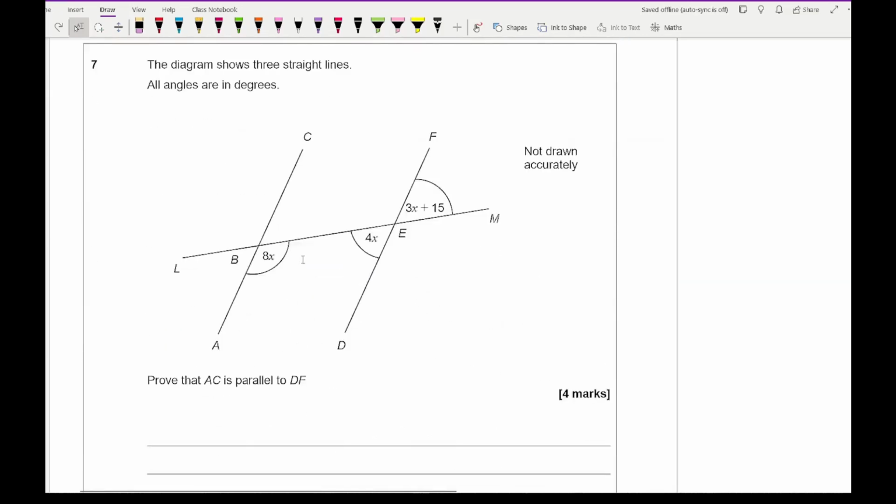Moving on to question 7, it says the diagram shows 3 straight lines. All angles are in degrees. Prove that AC is parallel to DF. So AC is this line here, and DF is this line here.